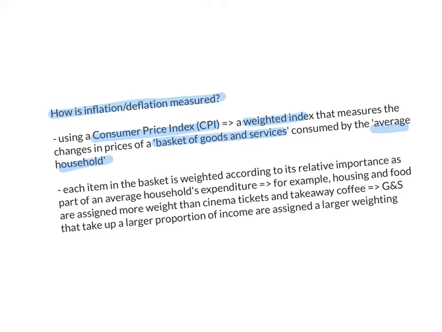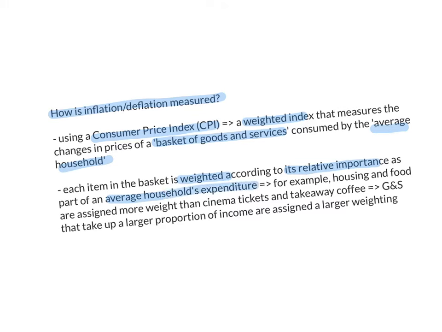Obviously some things in the basket are more important than others. For example, what households spend on housing is probably more important than what they spend on cinema movie tickets. So each item in the basket is given a weight according to its relative importance as part of an average household's expenditure.